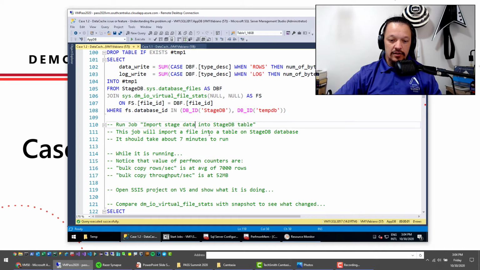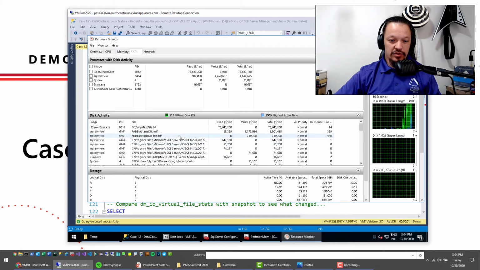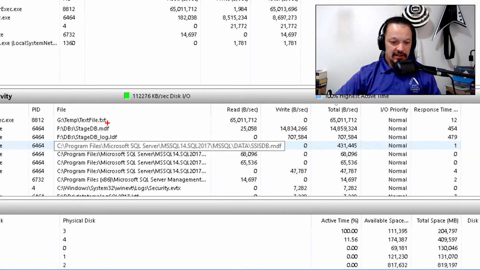To confirm that this is actually writing to the file, we can easily come here to the resource monitor. And I can already see that it's reading from the flat file, and it is writing, you see, 14 meg per second. So it is writing to the data file.